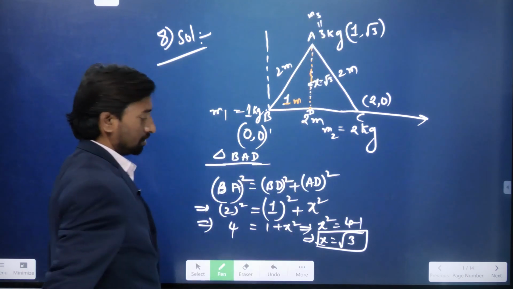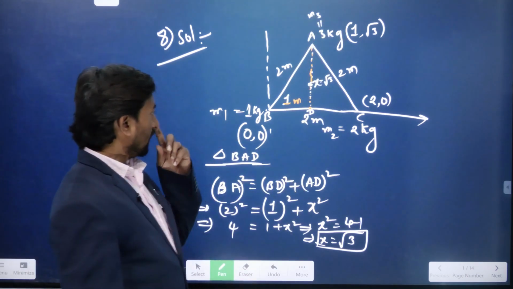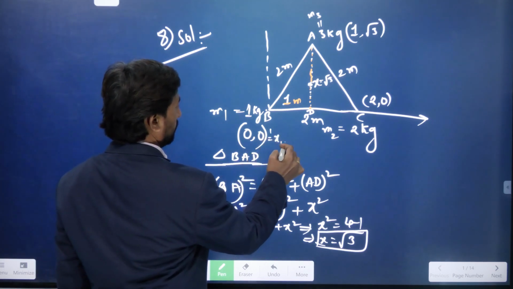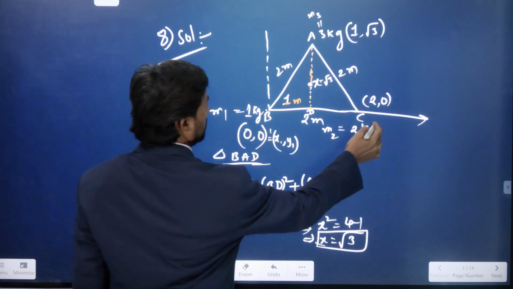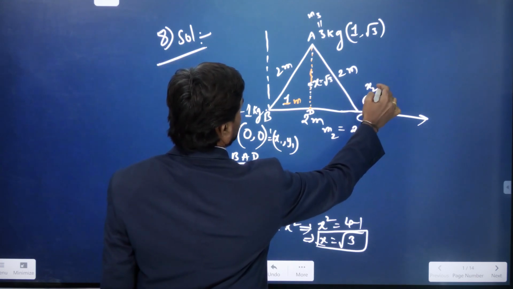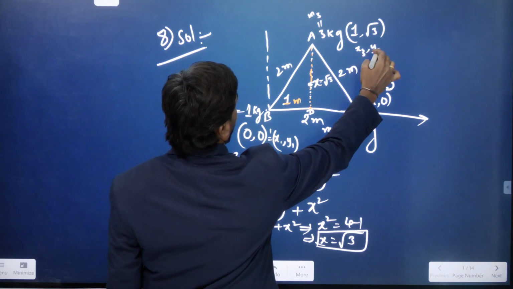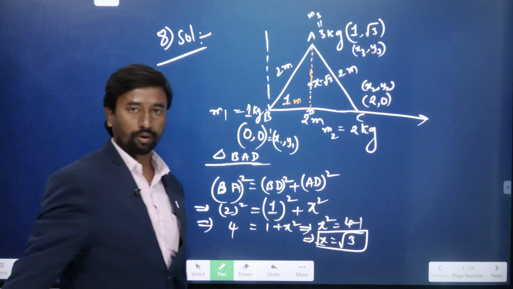M3 is this one, 3 kg. And this is x1 comma y1, this is x2 comma y2 and this is x3 comma y3. Okay.